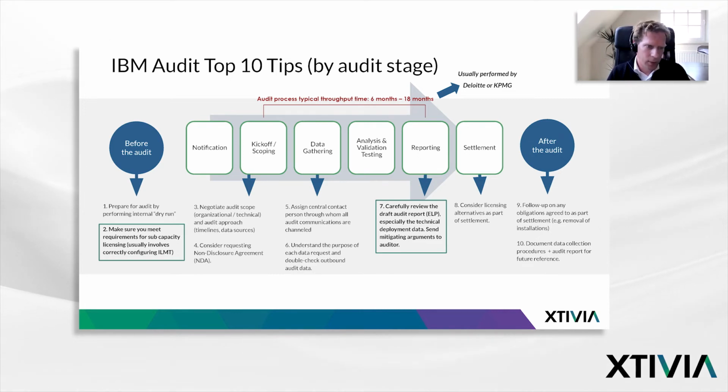And that leads me to the reporting phase. So first, you'll always receive a draft report from the auditor before it goes to IBM. And it's very important that you take your time to carefully review this report and push back on any items you disagree with, not just on the license entitlements, so what you've purchased, but especially on the deployment side, so what's installed, because that part is where most of the incorrect findings are.